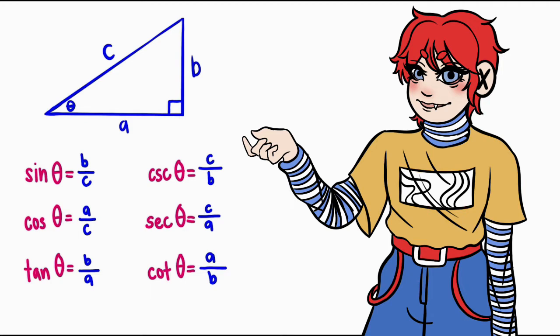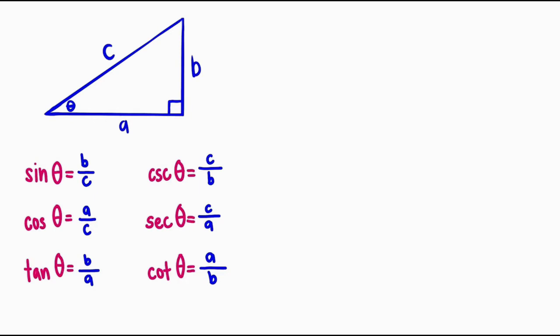Now let's start from the top, which is sine equals to cosecant and vice versa. Sine of theta is the opposite over the hypotenuse, which is B over C. And take a look over at the cosecant of theta.